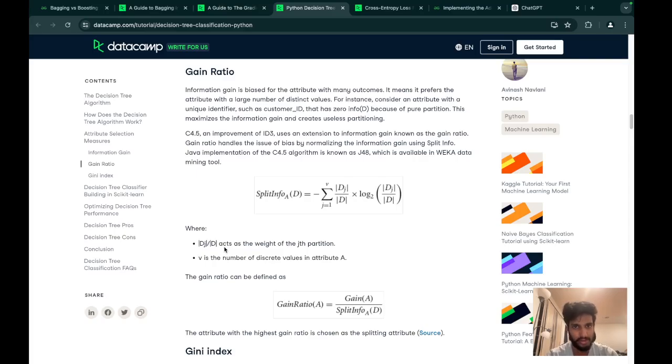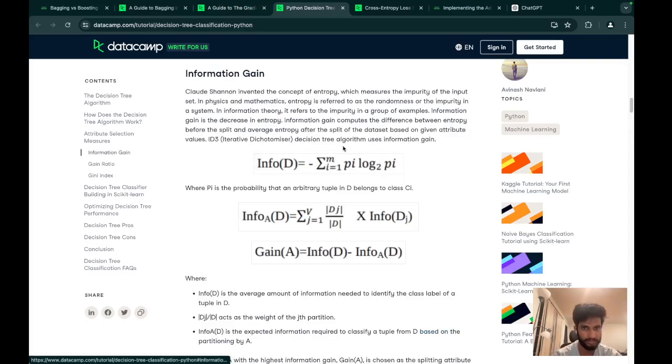This maximizes information gain and creates useless partitioning. I don't understand it. Okay, let's read information gain again. Information gain is based for. Okay, wait, is information gain here?